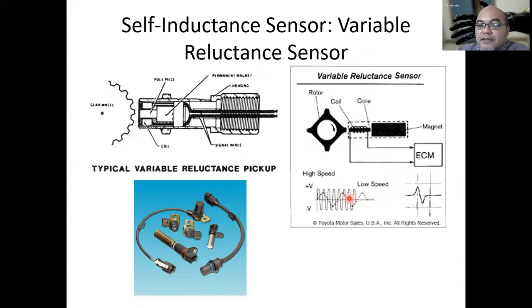If it has high speed, it is shown as this high frequency sinusoidal signal, while the low frequency sinusoidal signal indicates that the rotor rotates at slower speed. This is how the component looks in real life, a typical variable reluctance pickup.